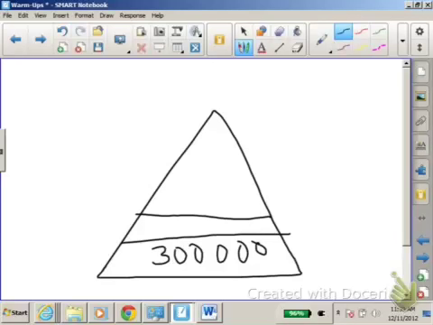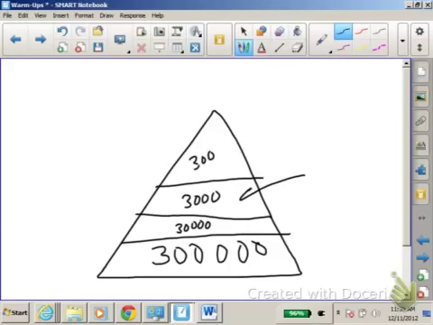Well, then here we would have 30,000, and then here we would have 3,000, and then here we would have 300. So 1, 2, 3. The 3rd trophic level, the answer would be 3,000 joules.